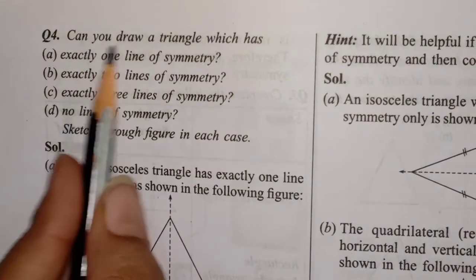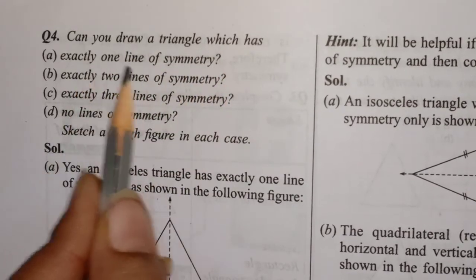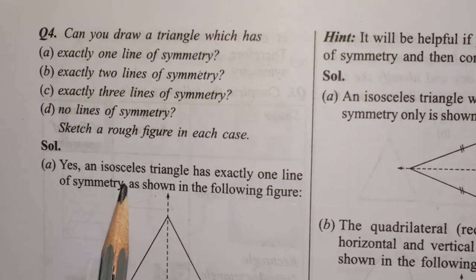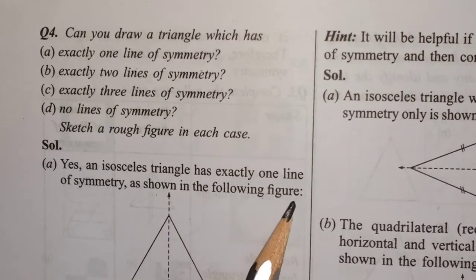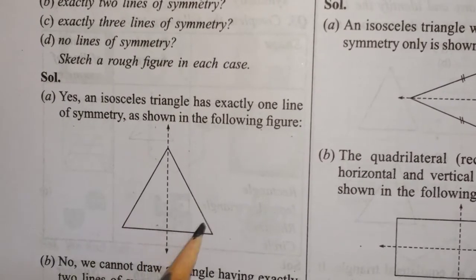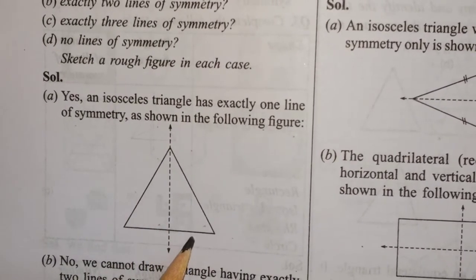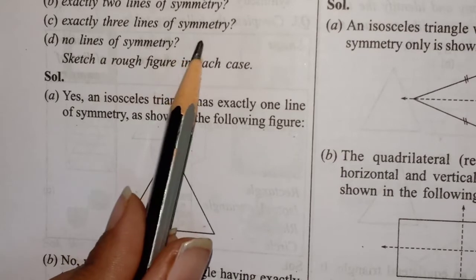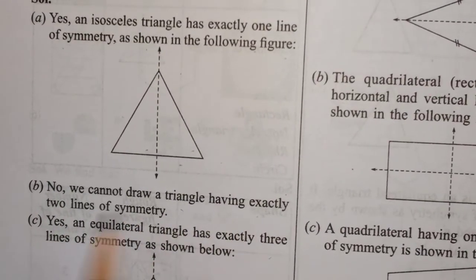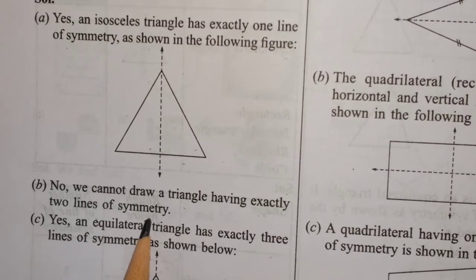Question number 4: can you draw a triangle which has exactly one line of symmetry? In the previous question we saw that an isosceles triangle has only one symmetrical line, and this is the isosceles triangle figure. Question B: exactly 2 lines of symmetry. No, we can't draw a triangle having exactly 2 lines of symmetry.